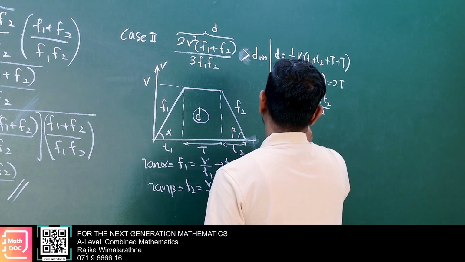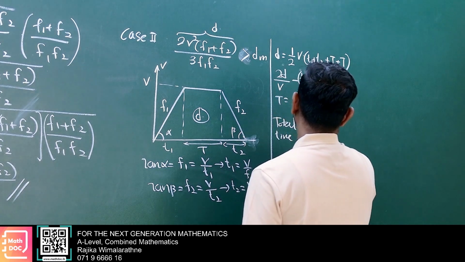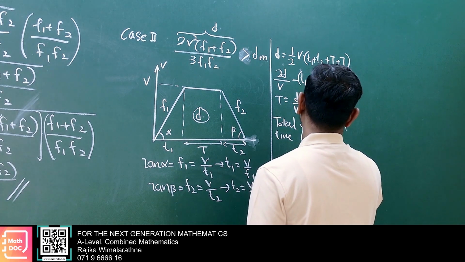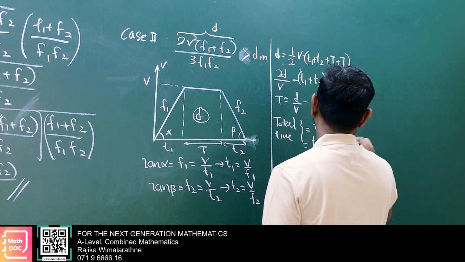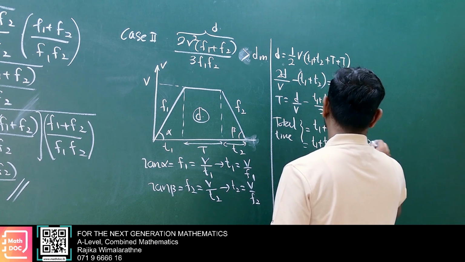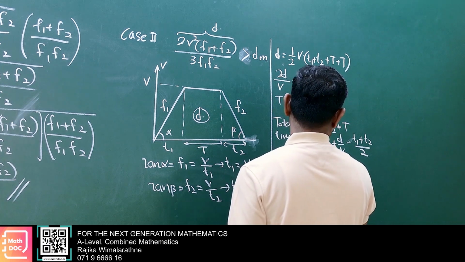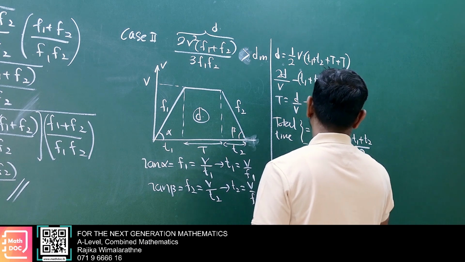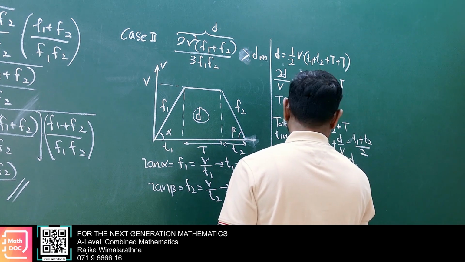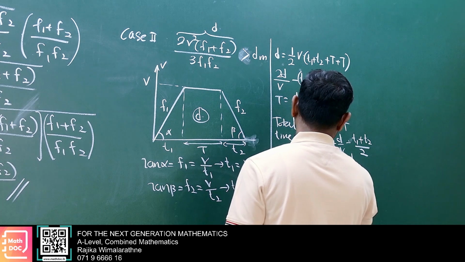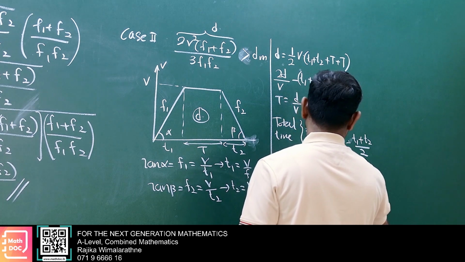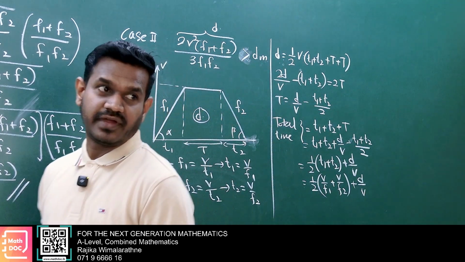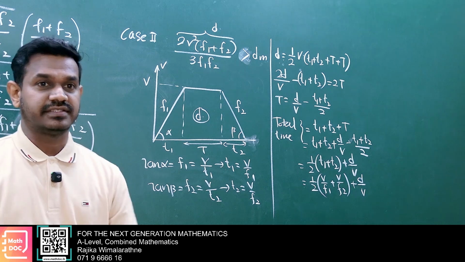Then total time is T1 plus T2 plus capital T. Now simplify: 1 over 2 (T1 plus T2) plus d divided by v. T1 is v over f1, T2 is v over f2, d over v. So d value is already given, then simplify and get the final answer.